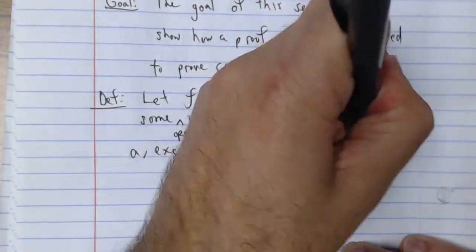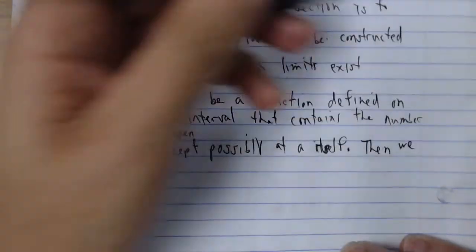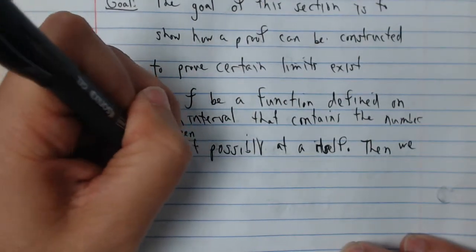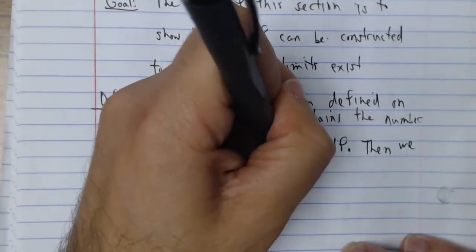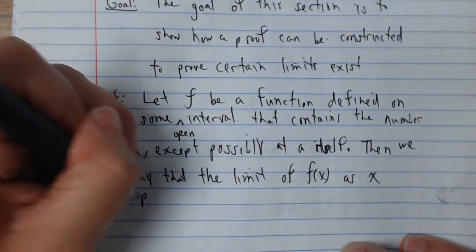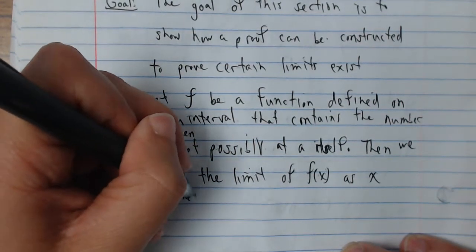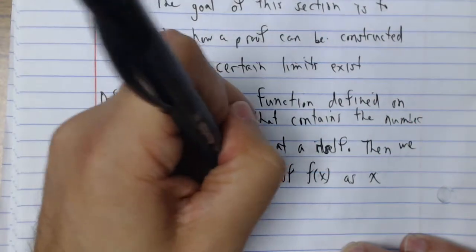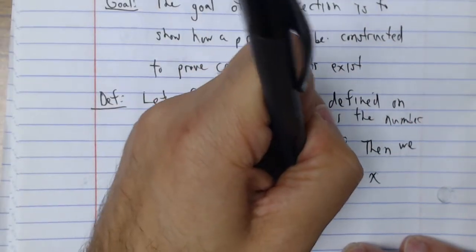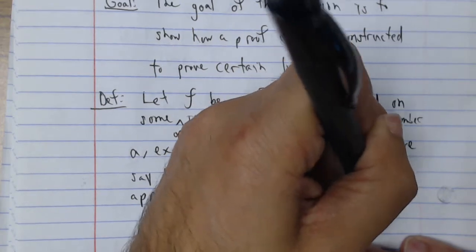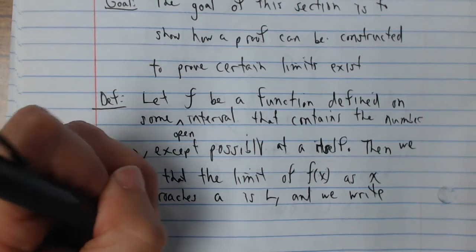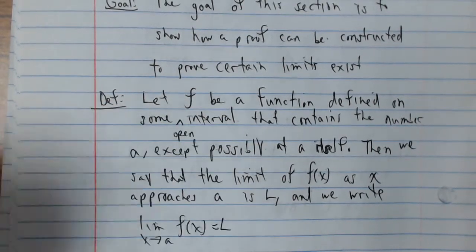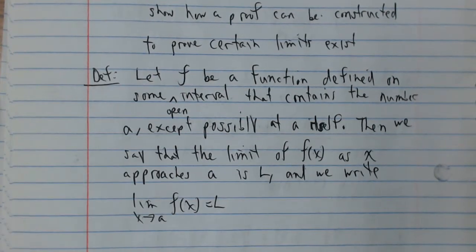So then we say that the limit of f of x as x approaches a is L, and we write the following: the limit as x approaches a of f of x equals L. This is basically what the definition of a limit is.